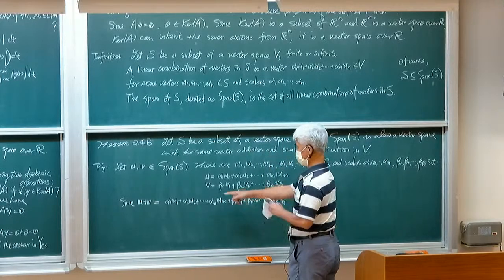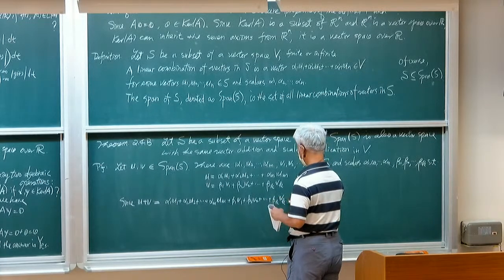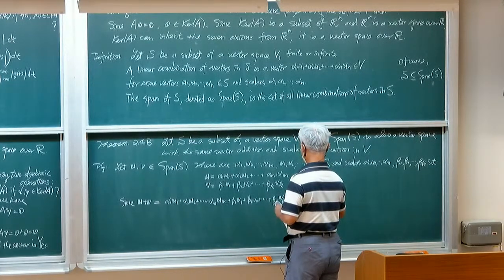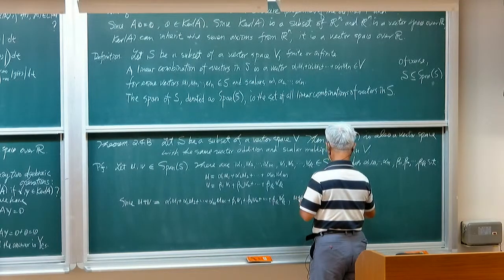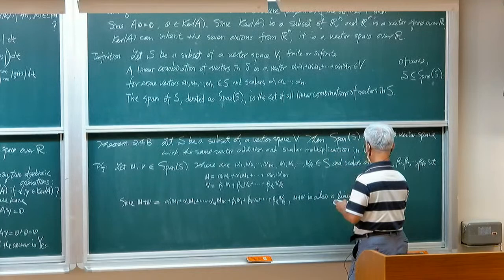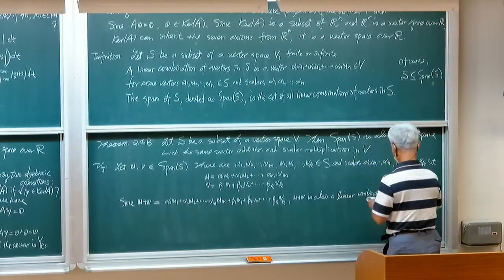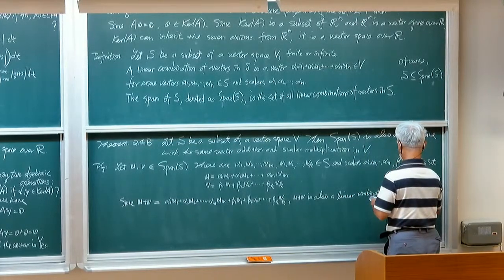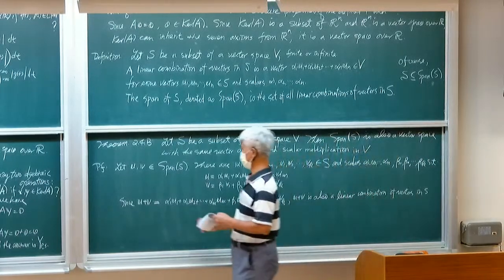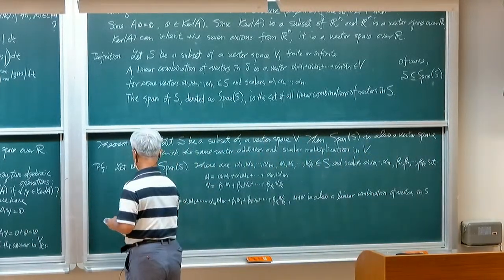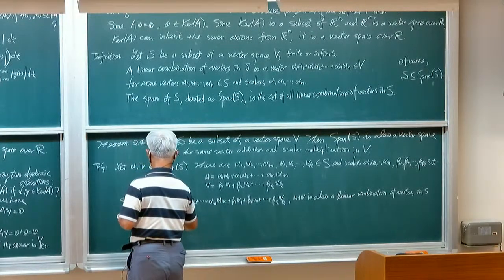All right. So u plus v is also a linear combination of vectors in S, and then in the span of S. Okay?